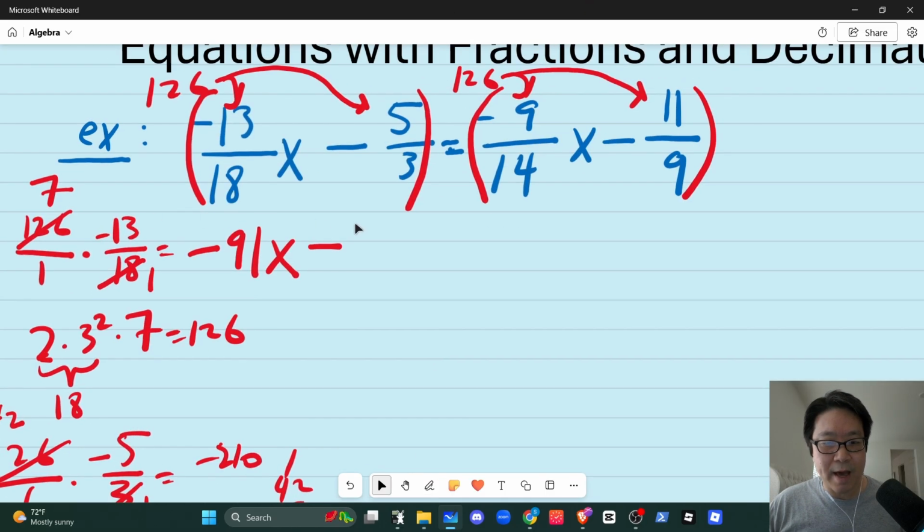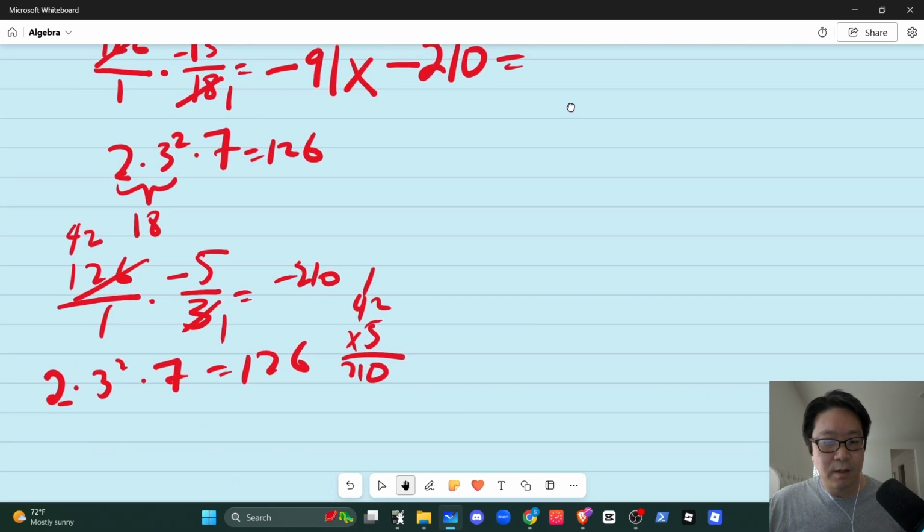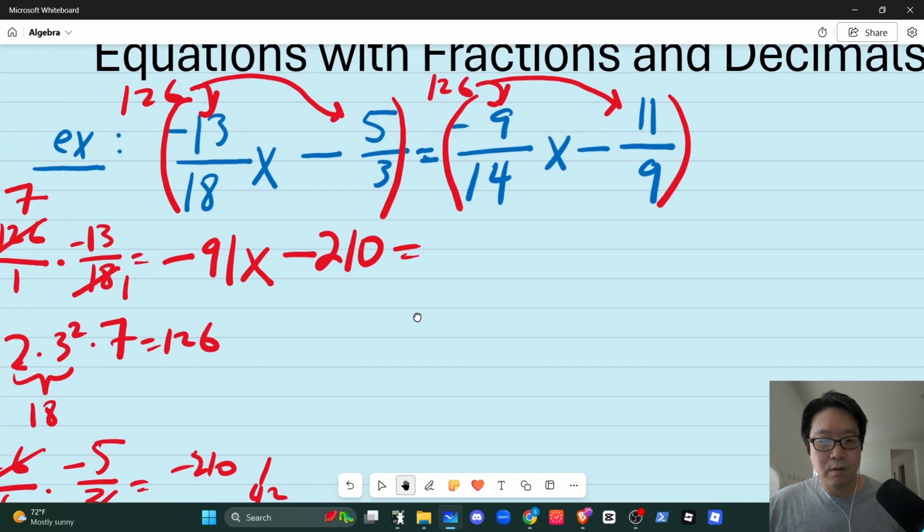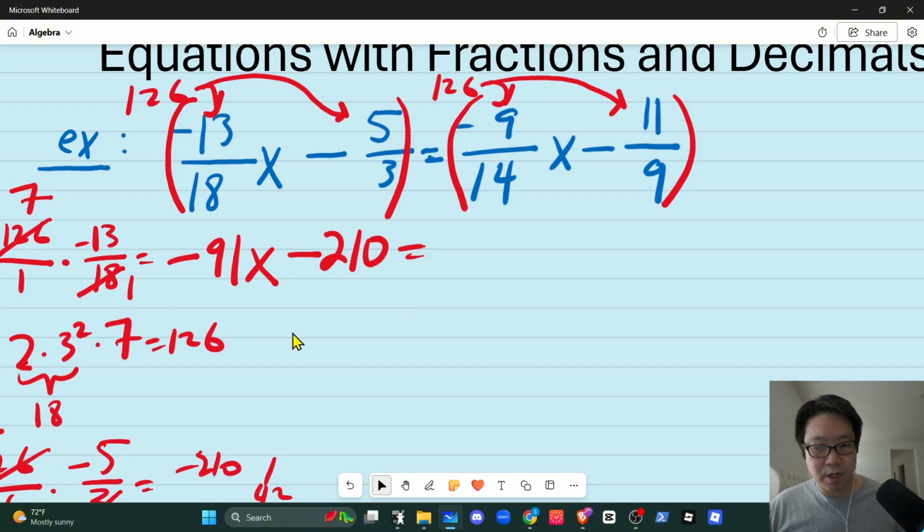So in this case, we have negative 210 equals 126 times negative 9 over 14, okay? Once again, our factorization was 2 times 3 squared times 7.